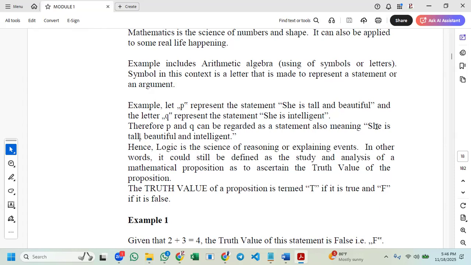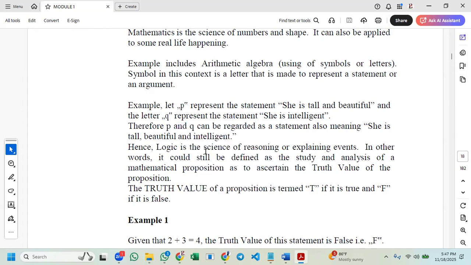You see the way it is arranged. When we say P and Q, we did not say she is tall and beautiful and she is intelligent. No. We combine them together saying she is tall, beautiful, and intelligent. So that is the combination. And there is a connective that connects two or more statements together when each statement is true.